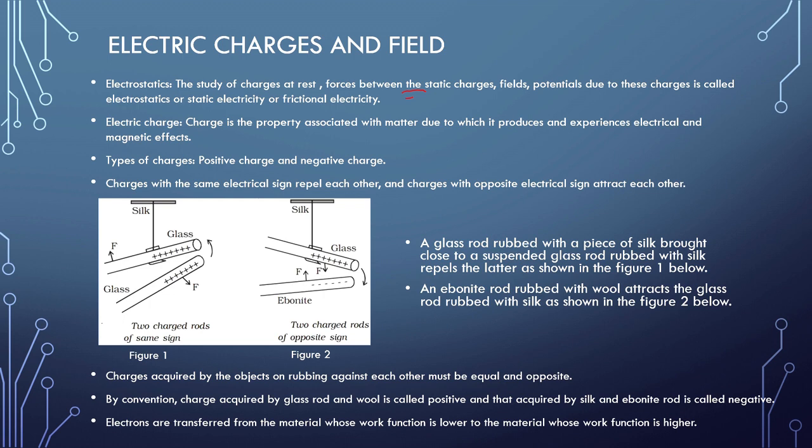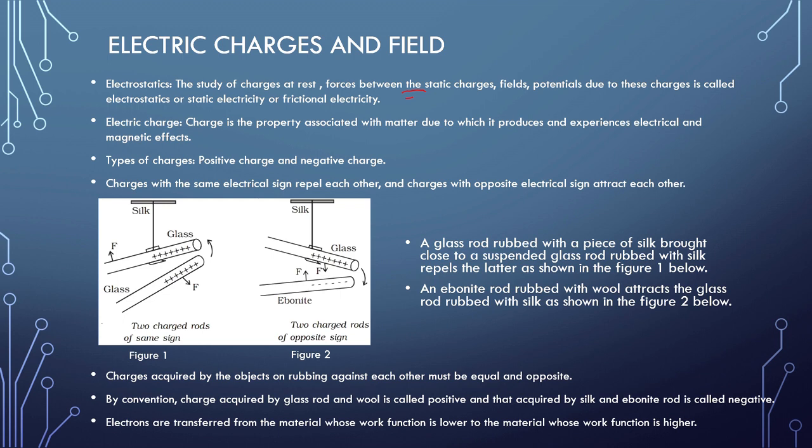And along with the study of charges at rest, we are talking about the forces between these charges which are at rest, which are called static charges, fields due to these charges, and potentials due to these charges. The whole thing comes under electrostatics. As we are talking about charges, we should know what an electric charge is.